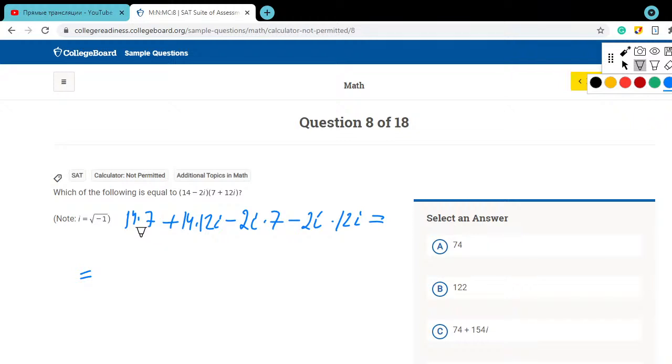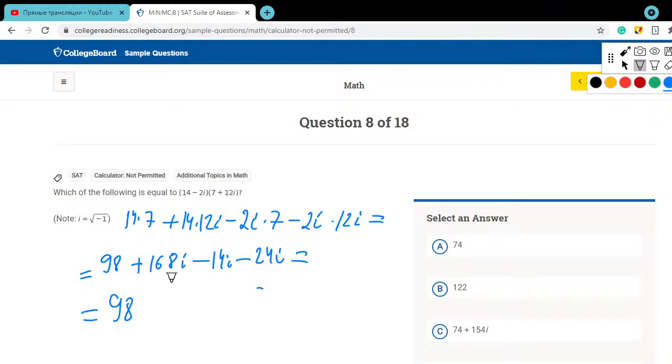What does this give us? 98, 168i minus 14i and minus 24i squared.